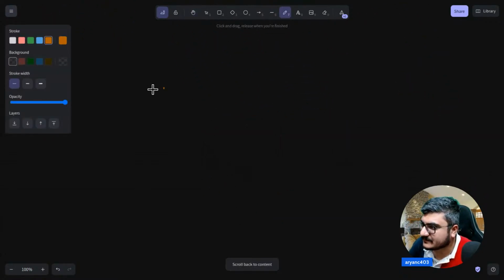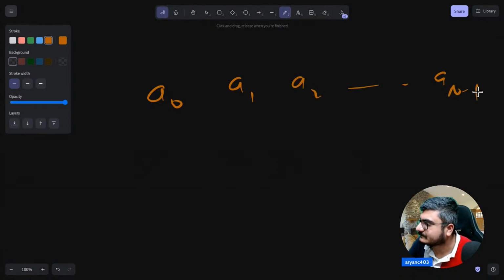We have numbers, let's say A0, A1, A2 up to A n minus 1. The first thing to notice is, let's also take one of the examples. Just give me an array of 5, 6 numbers. I will play around with that.